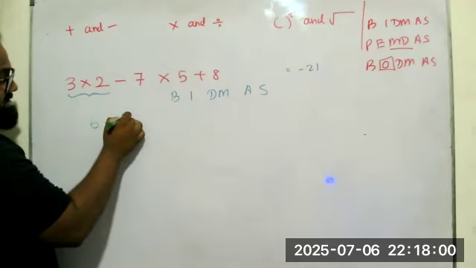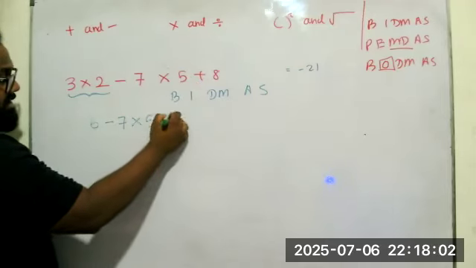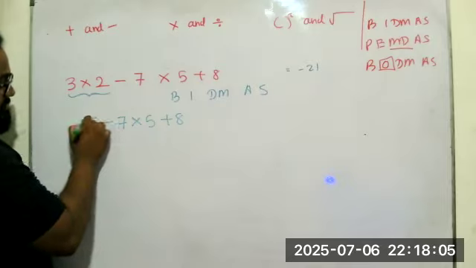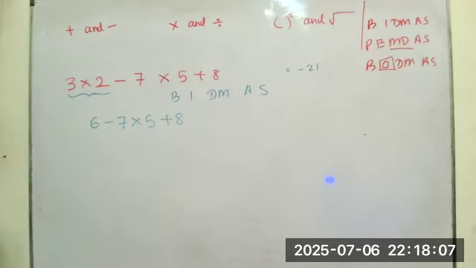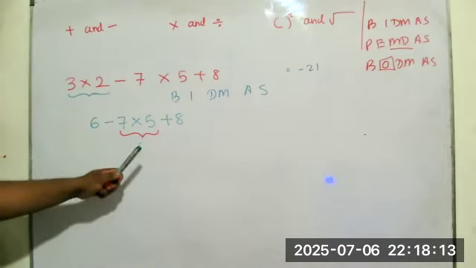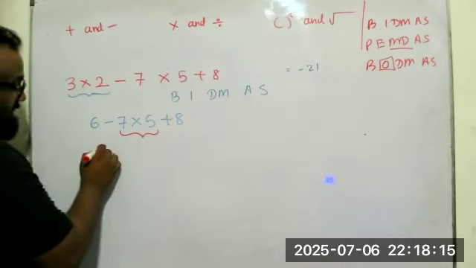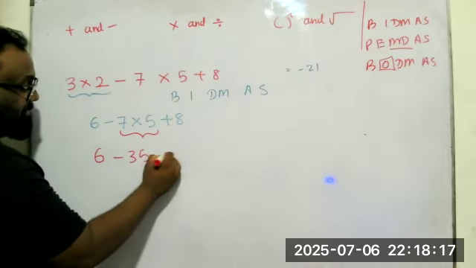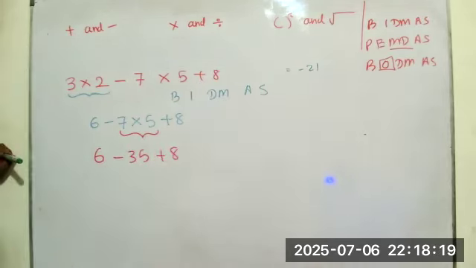6 minus 7 into 5 plus 8. Yes or no? Yes. What are we to do next? We have to do this next. Why? Again, we prioritize multiplication. 6 minus 35 plus 8. Correct? Yeah.